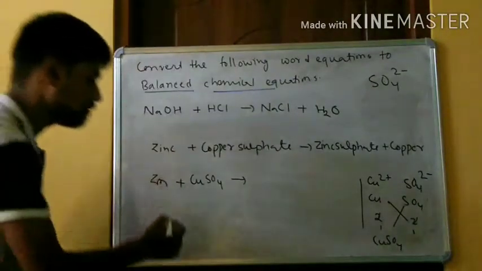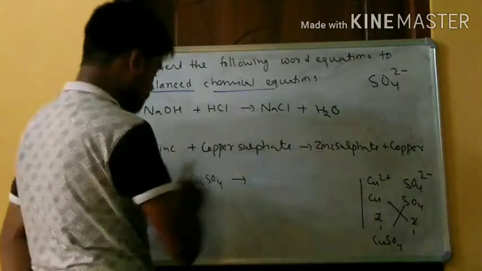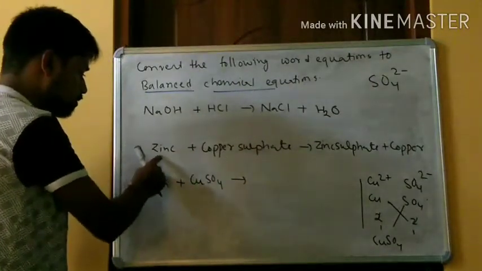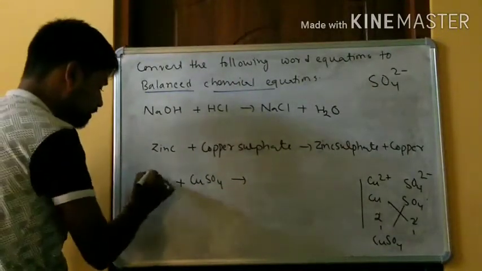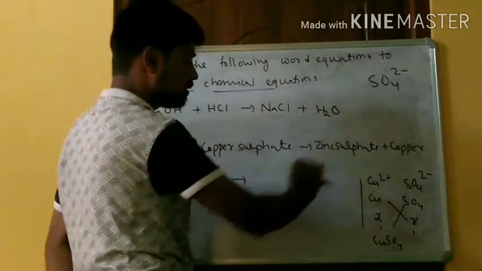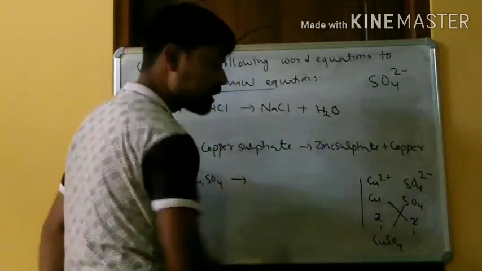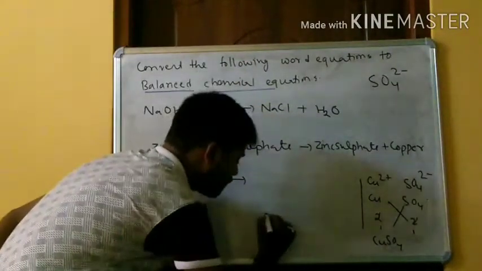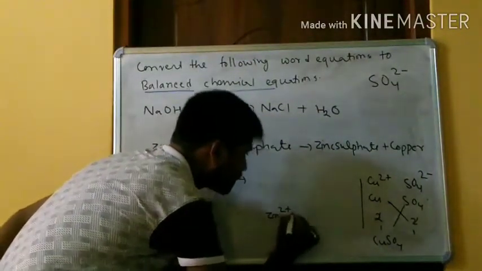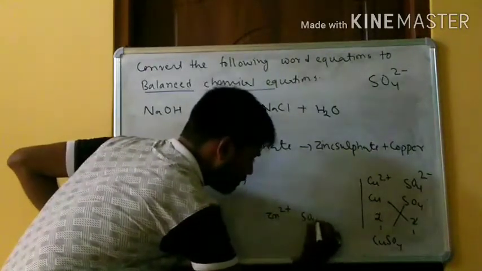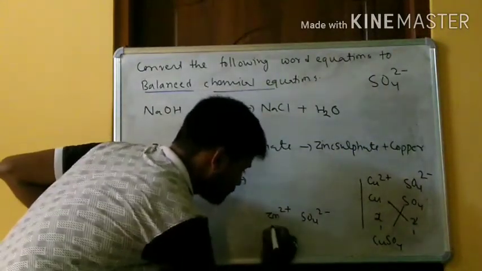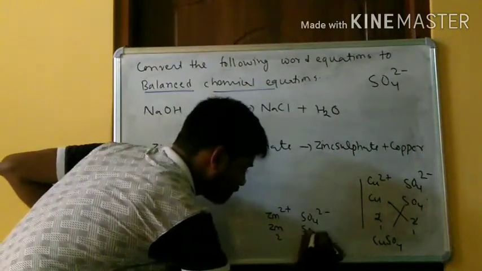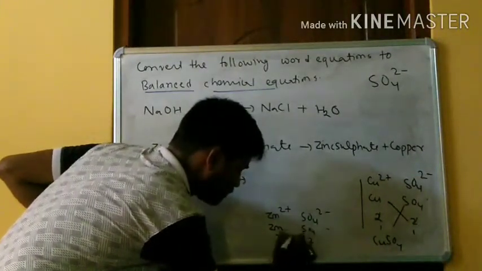It becomes zinc sulfate and copper. The formula of zinc sulfate we now have to work out. Here zinc is single or in elemental form, so we directly write Zn. But in zinc sulfate we cannot simply write Zn, we have to identify the formula. In combined or ionic form, zinc is Zn2 plus, sulfate is SO4 2 minus. So write 2 below Zn, 2 below SO4.